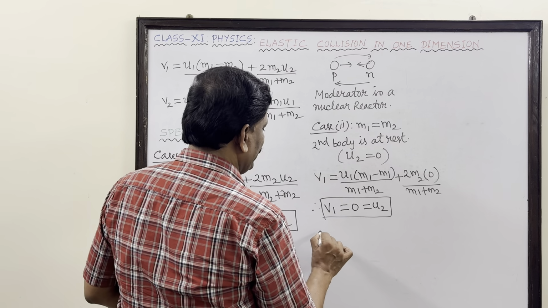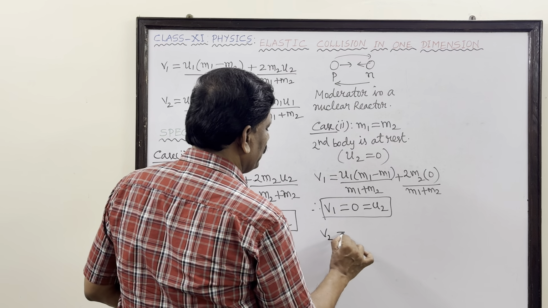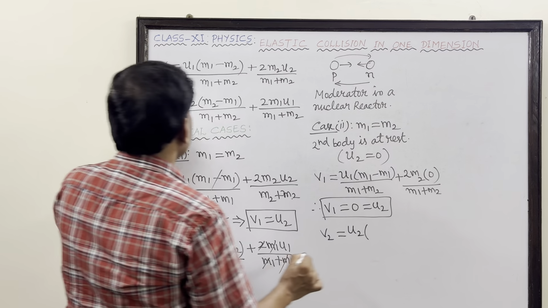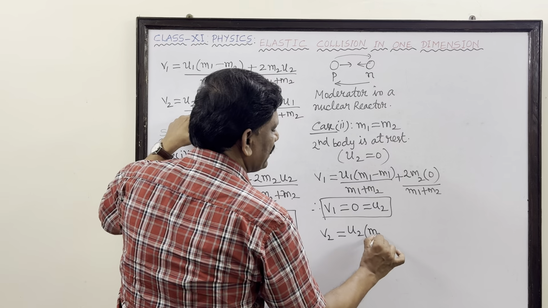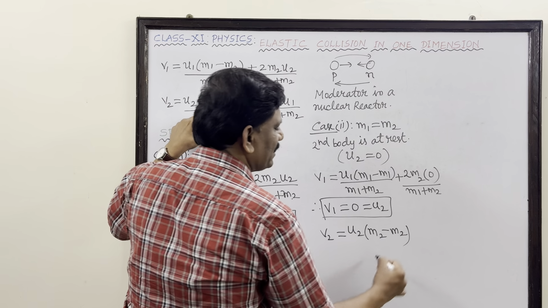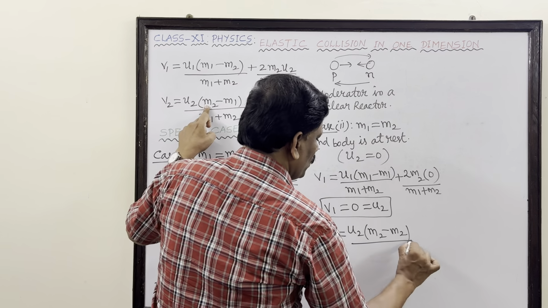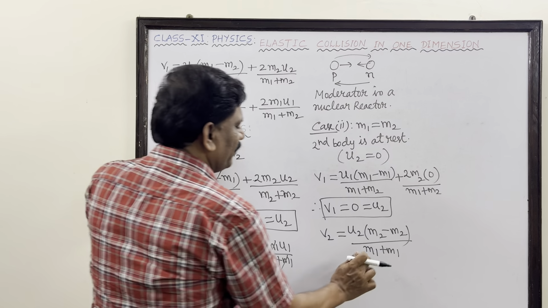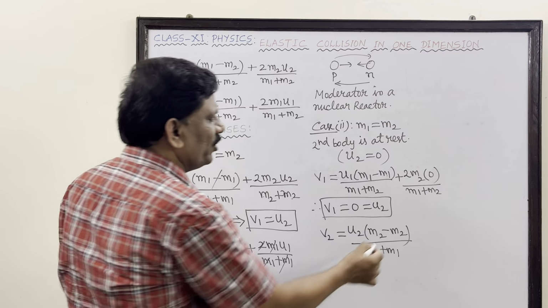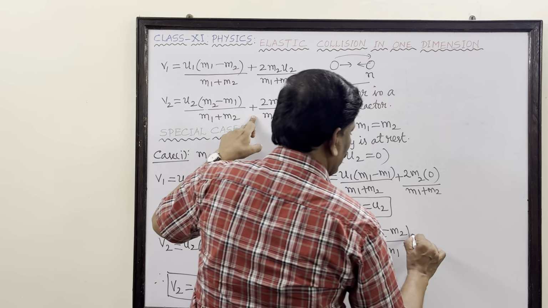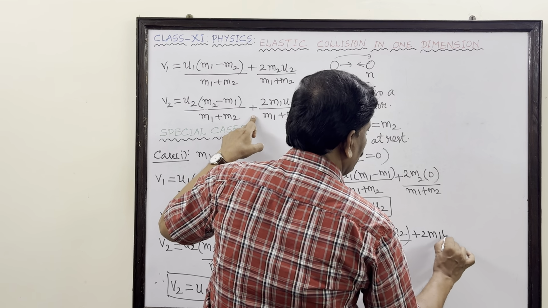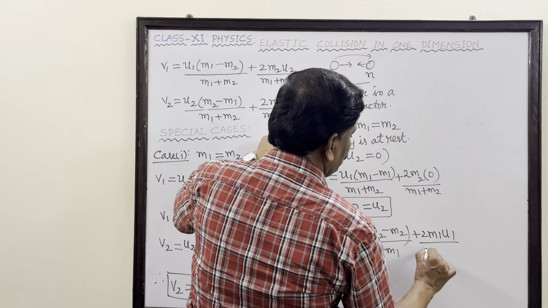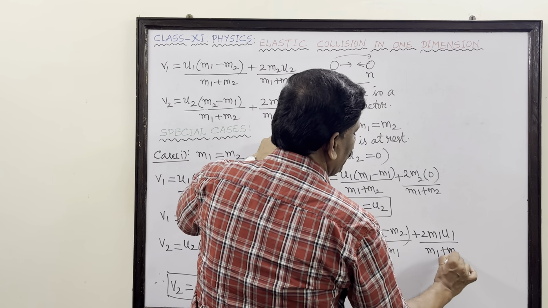Similarly, what will now be v2? v2 is equal to u2 into (m2 minus m1). So this is m2 minus m2 because m1 is equal to m2, divided by m1 plus m1, plus 2m1 u1 divided by m1 plus m1.